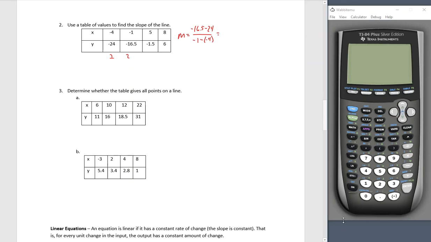And this is -16.5 minus 24 to give us a -40.5. -1 minus a -4, minus a negative, so it's -1 plus 4, which is a 3. If I divide my answer by 3, I'll get a -13.5.